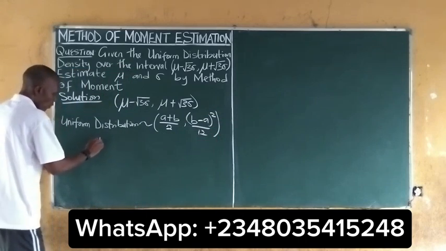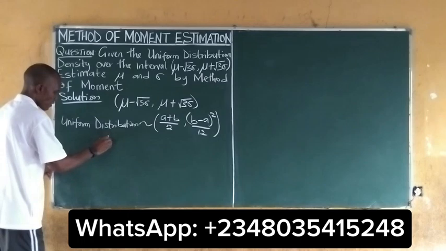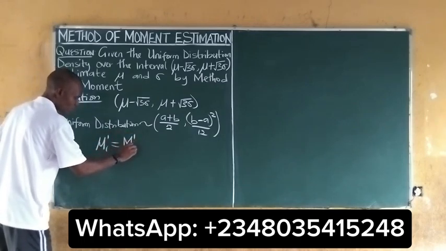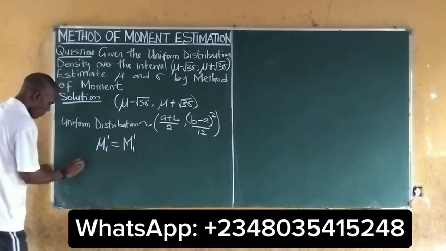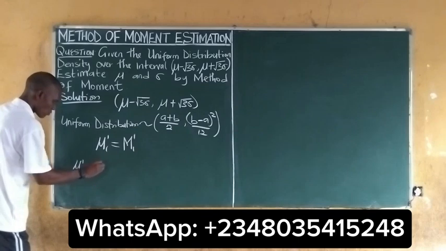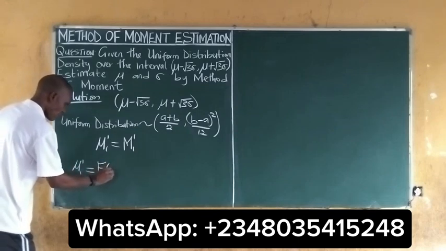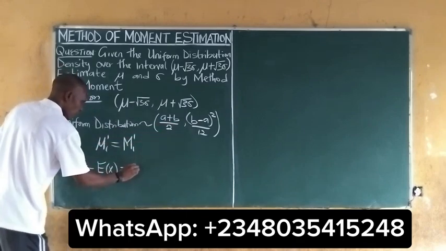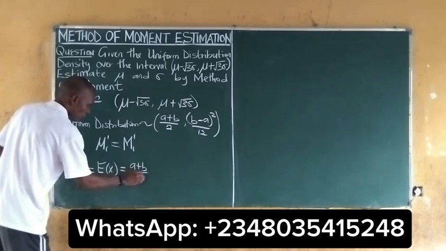More so, for method of moments, the population mean is always equal to the sample mean. And we have our population mean to be equal to the expected value of x, which is equal to a plus b all over 2.